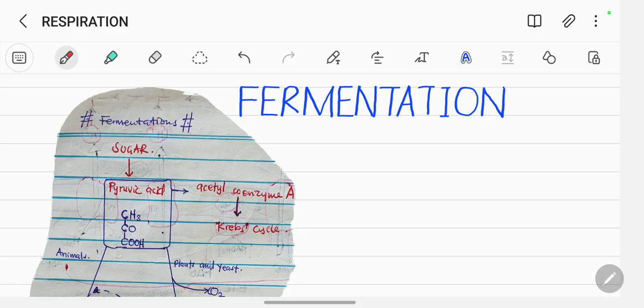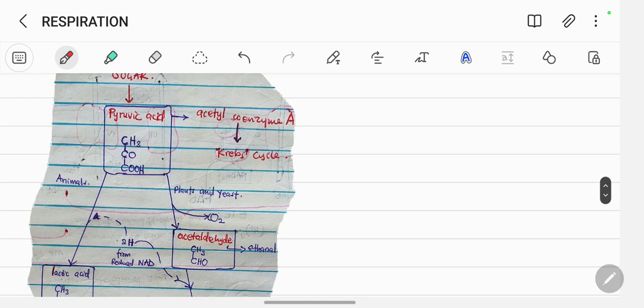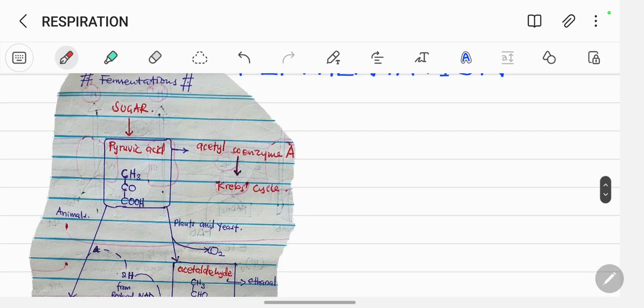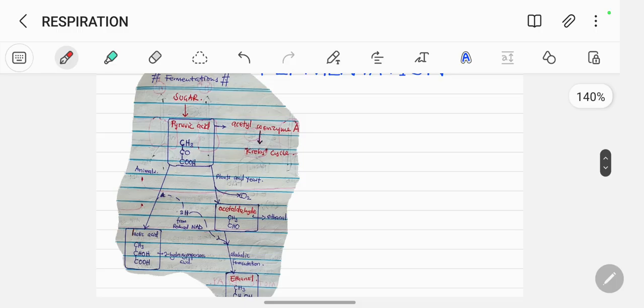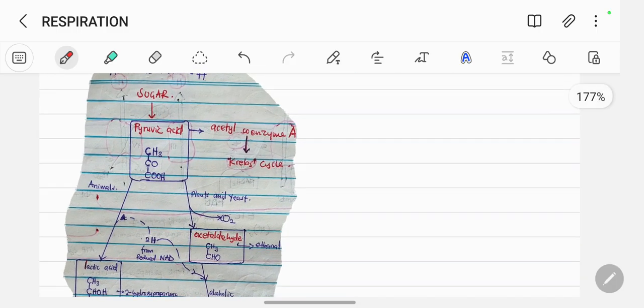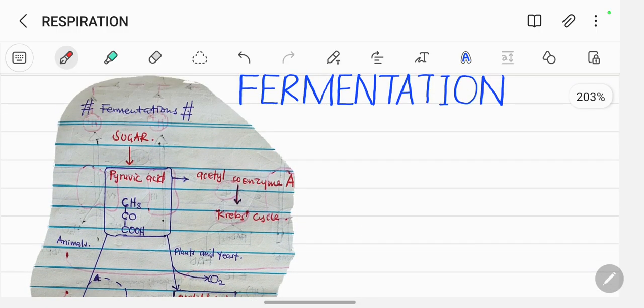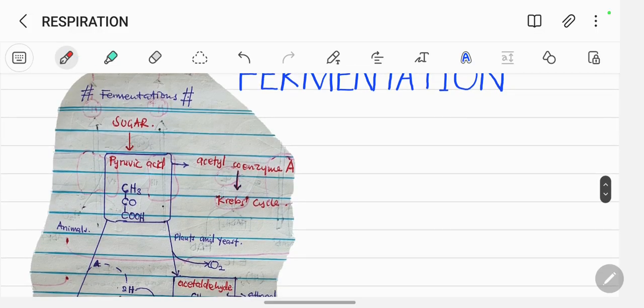We have anaerobic respiration in animals, and anaerobic respiration in plants. I will begin with that one of animals, just to gain understanding and pass through the process quickly.